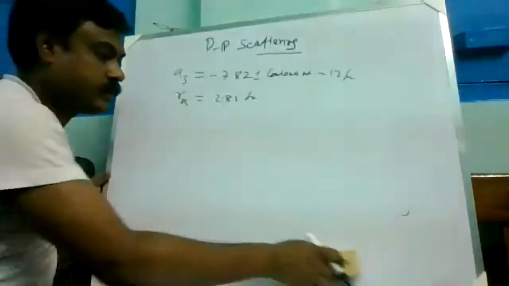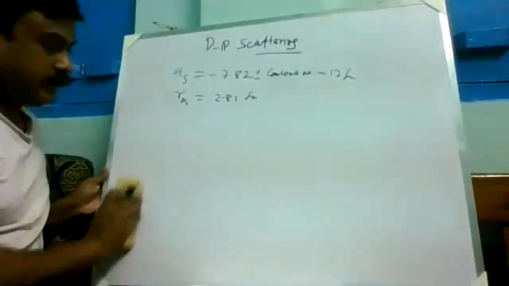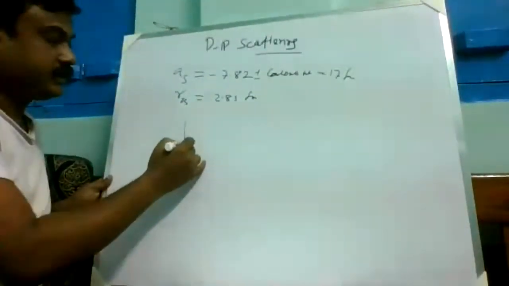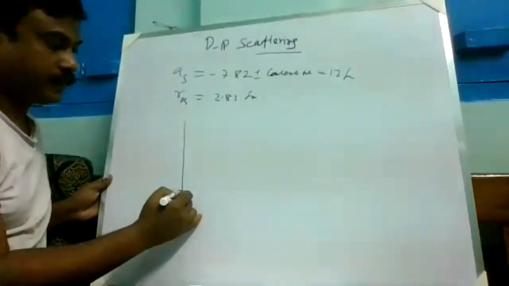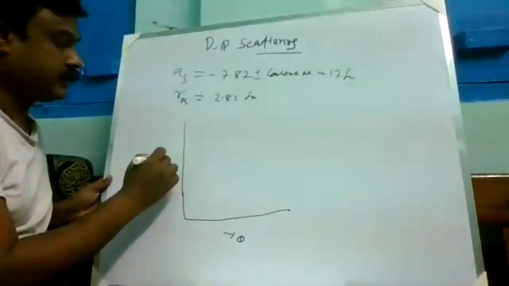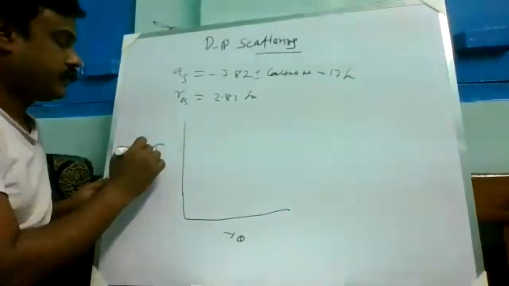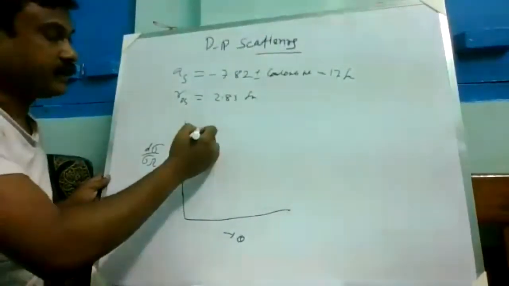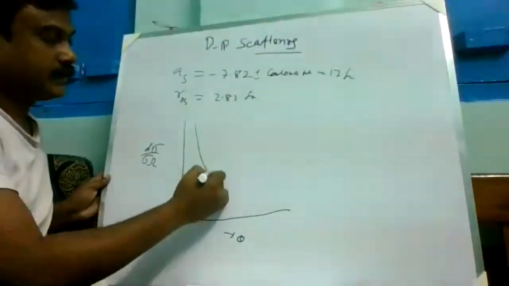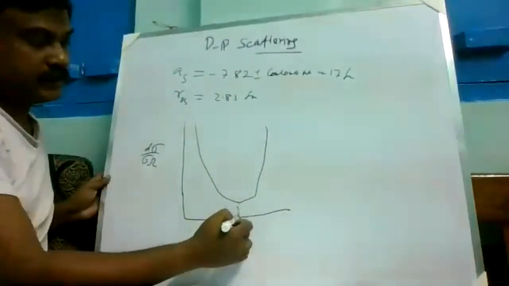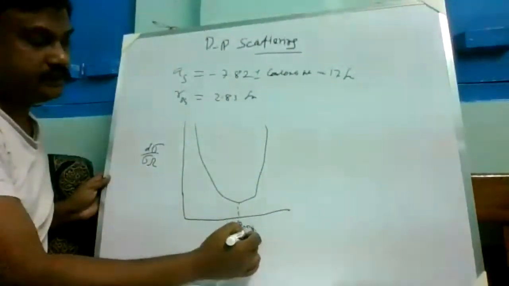Now the scattering cross section is plotted at different angles, and the figure will be something like this. This is the angle versus this, σ, the differential scattering. It is symmetric at θ equals 90 degrees.